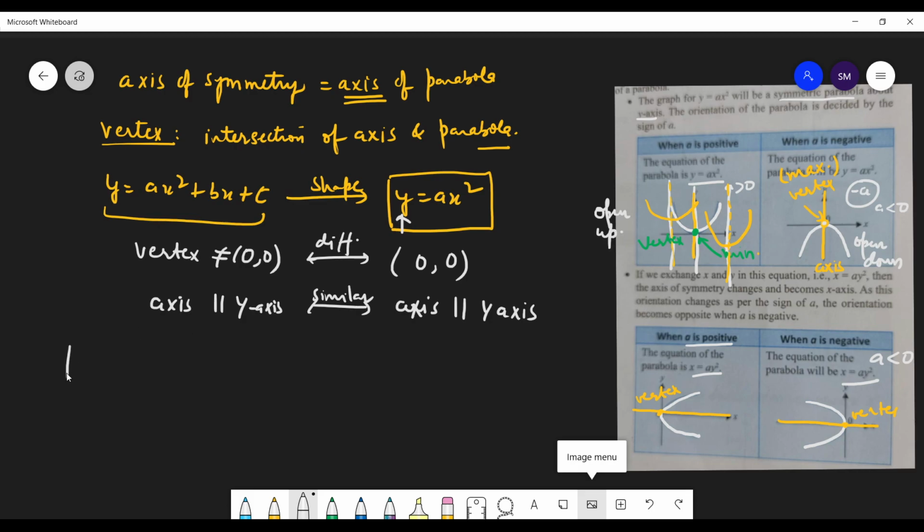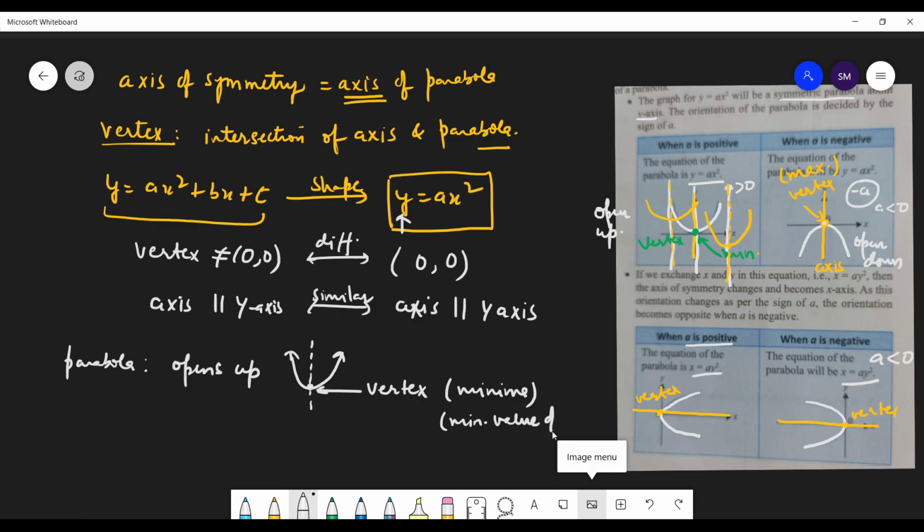So when the parabola opens up, this is your axis of symmetry, this point is your vertex, and that point will be your minima. Minima means the minimum value of y, the minimum value of the function.